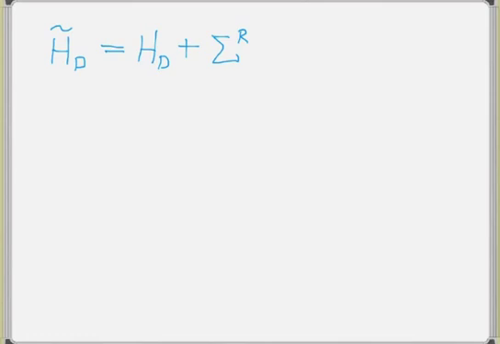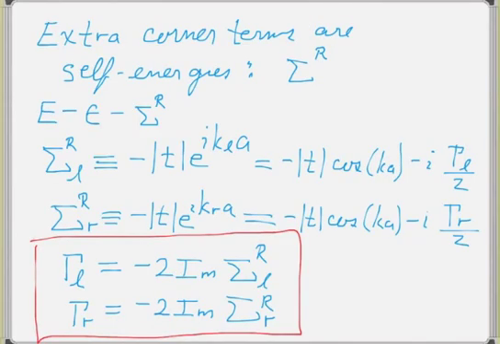The next thing to notice is that our effective Hamiltonian is not Hermitian. And the reason is our self-energies have an imaginary part to them. And these self-energies go on the diagonal.